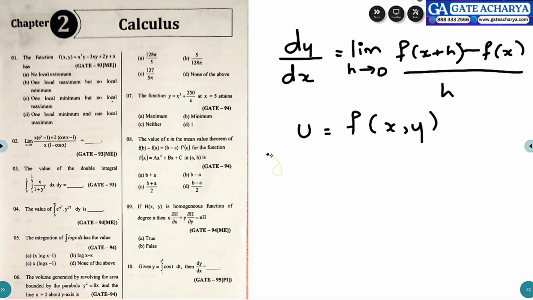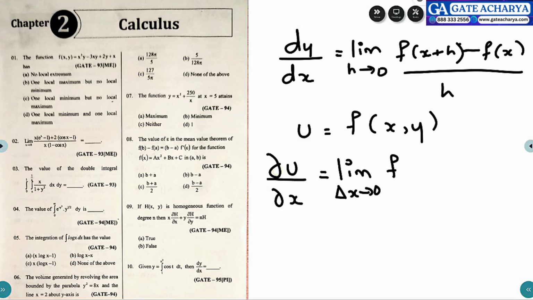Let's say I am taking the partial derivative dou u by dou x, partial derivative with respect to x. If I want to write the definition of this, it will go something like this. Limit delta x tends to 0. Delta x is that incremental value h. Instead of h, I am taking delta x.